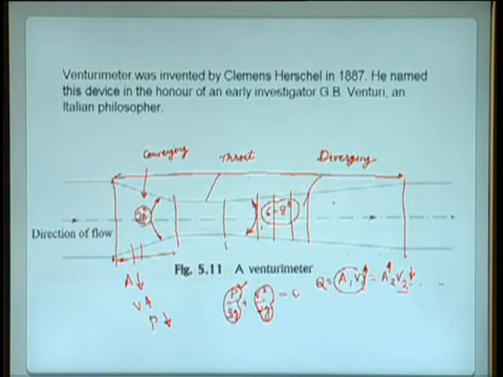So on subsequent sections the pressure is increasing. The fluid is moving in a zone where it interacts with higher pressure. Whenever fluid moves in a zone where the pressure is increasing, there is a possibility of separation.